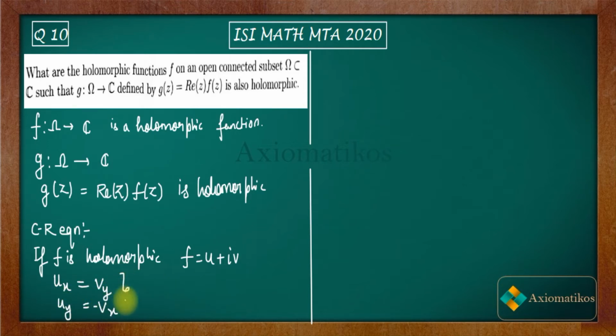These equations are called the Cauchy-Riemann equations and they are the necessary condition for the function to be holomorphic. So if f is holomorphic, then these equations will be satisfied.